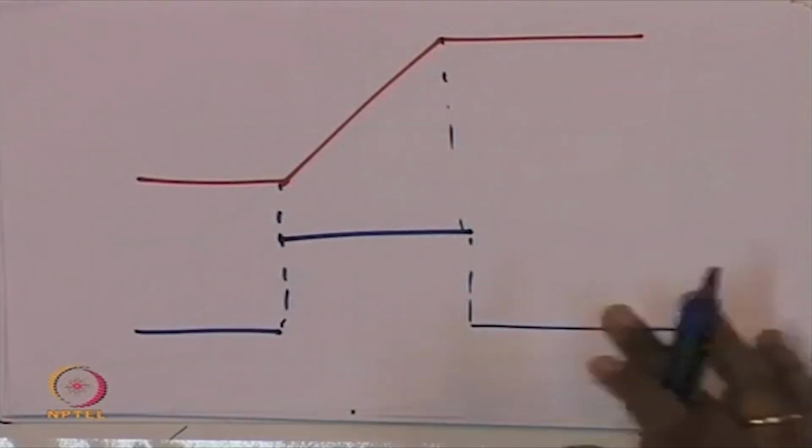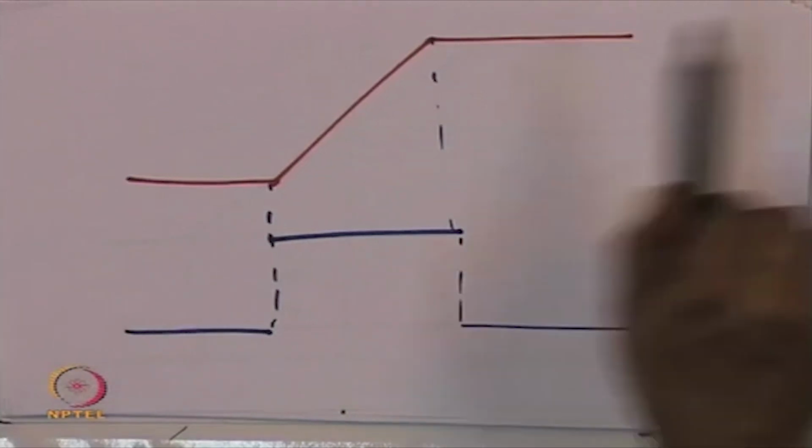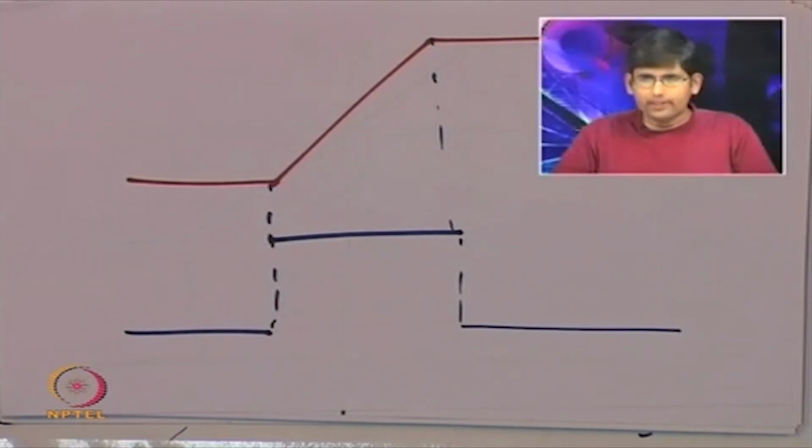Just by looking at it, you should get training to plot the derivatives, and this will help you immediately think about the derivative without really doing the differentiation by hand. Just by physically looking at it, you could make a lot of sense out of many of the things that you see.